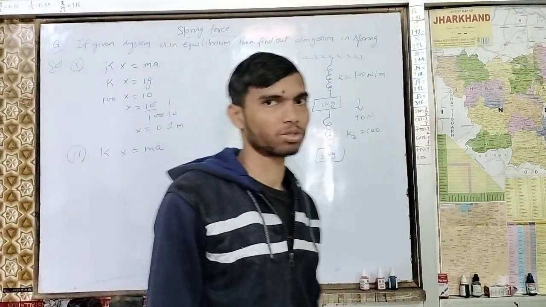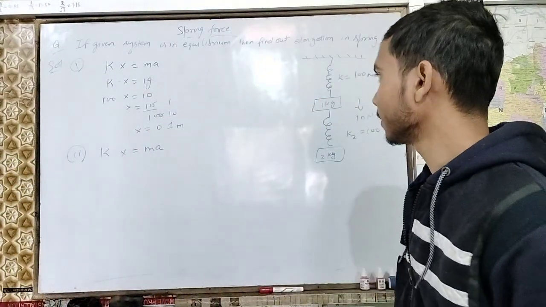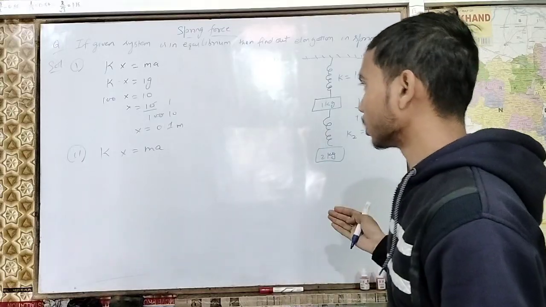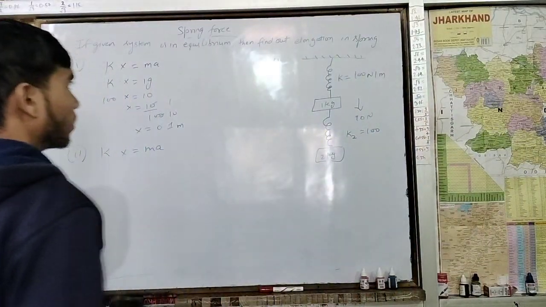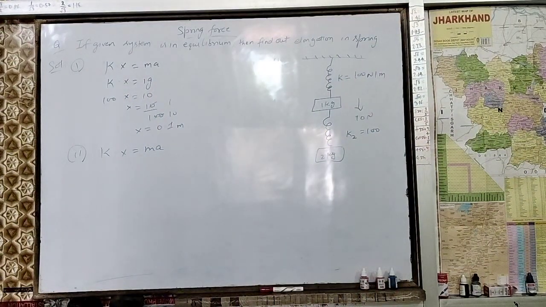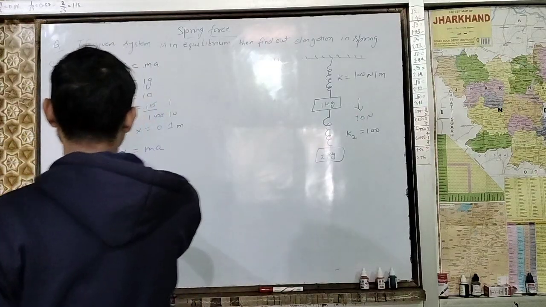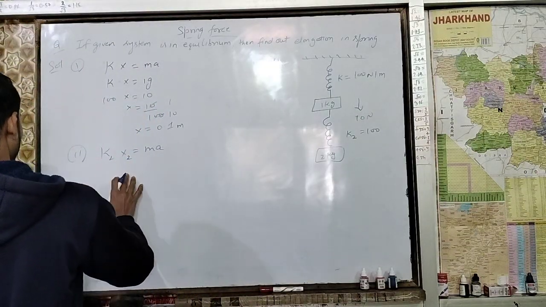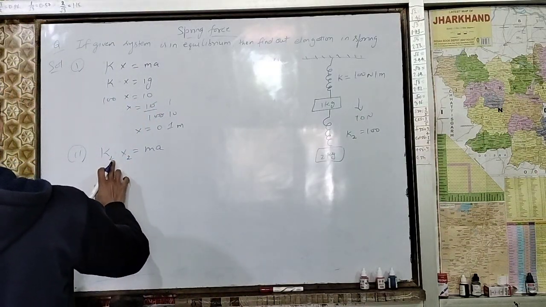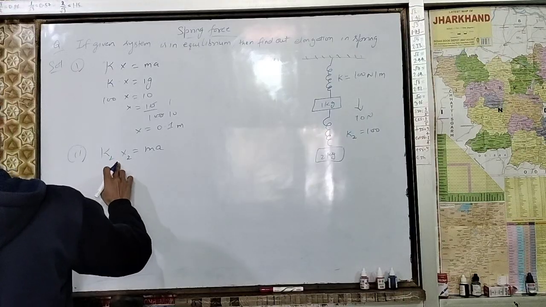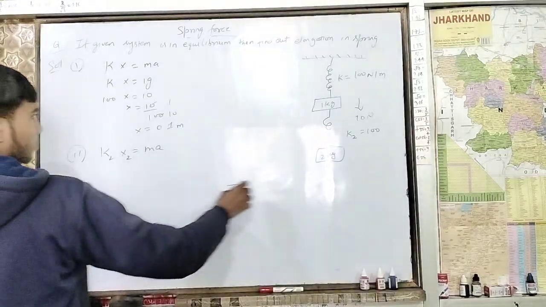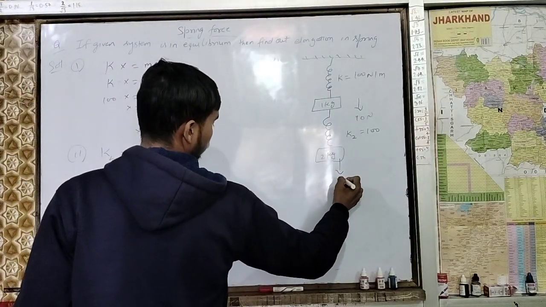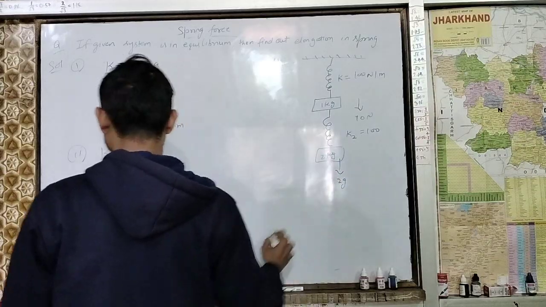So total mass, K will be our 200. K2. So this will be our 20.